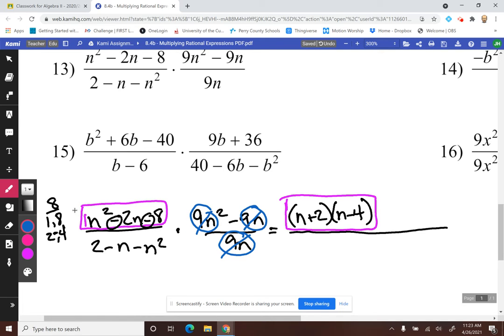But notice here I have two n's, not just one n. So just think about what you're left over with. I'm left over with n minus 1 and really nothing on the bottom, okay? So really the only thing I have in this whole big thing is an n minus 1, right there. I no longer have anything on the bottom.